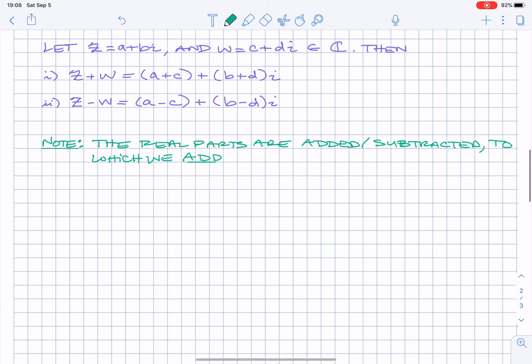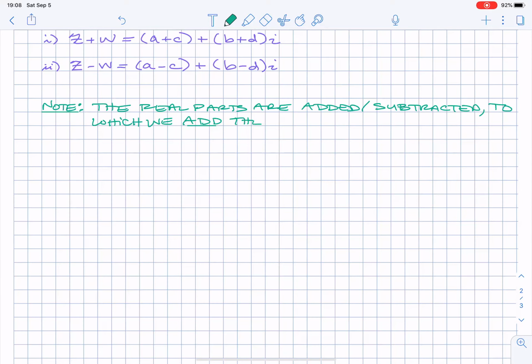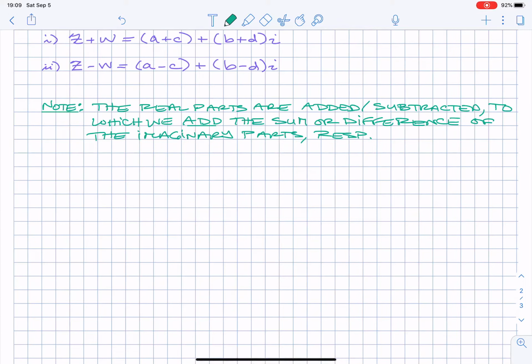Notice we're always adding in the middle here. The sum or difference of the imaginary parts, respectively. Okay.